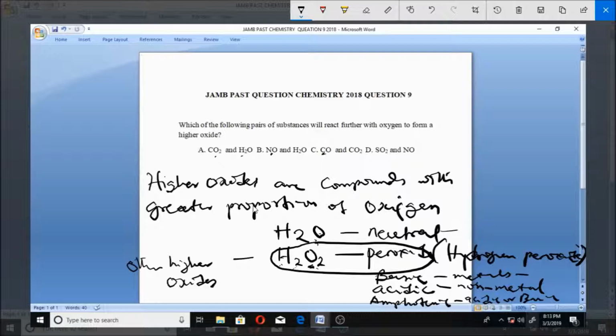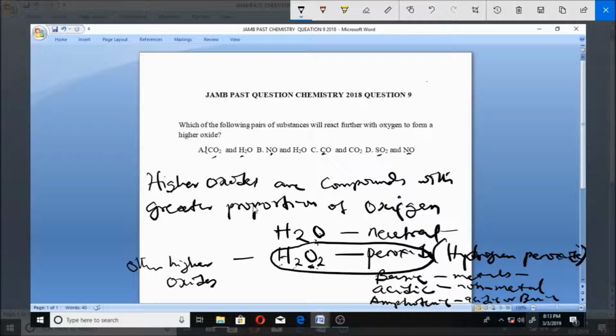It can reduce oxygen, the CO. Like you know, the CO, when you inhale it, it can reduce the oxygen in your body. And this one has plenty oxygen. So you can say that this is an oxide. This is also a good oxide. So these two can actually oxidize something that has normal oxygen into higher oxide.